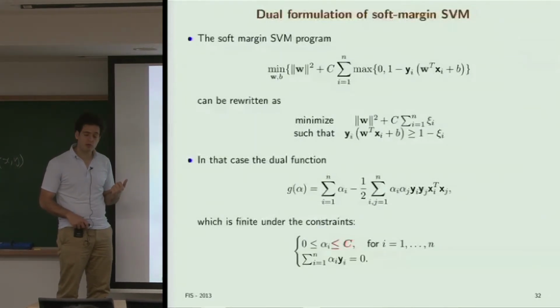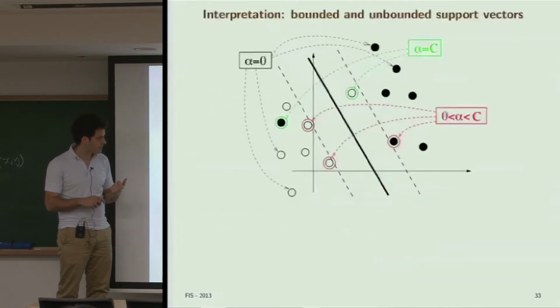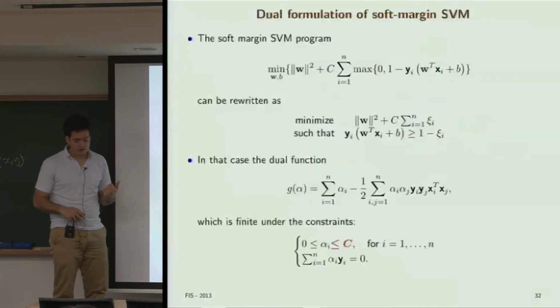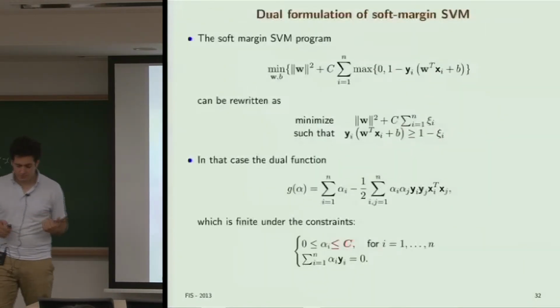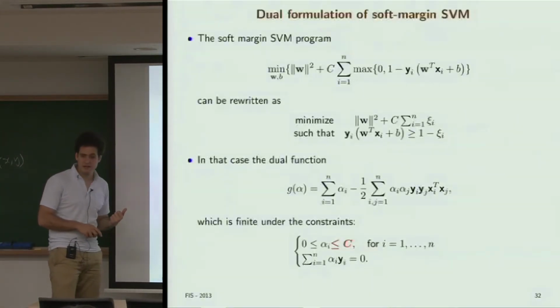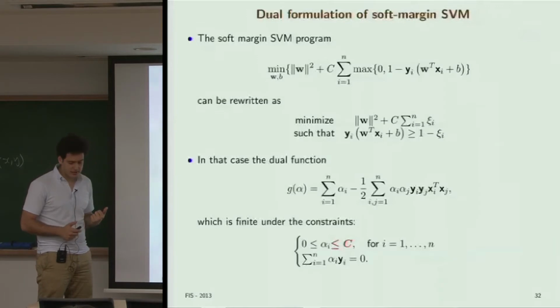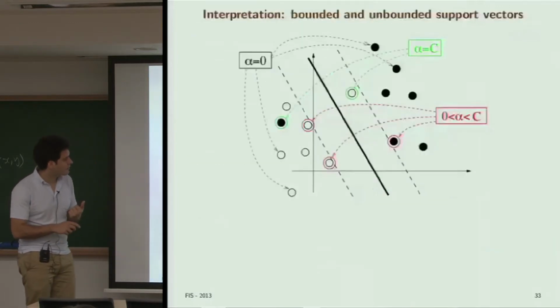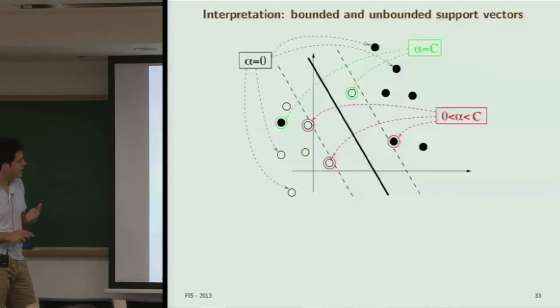Either alpha i is equal to 0, and in that case, the margin is strictly positive. That is, those guys here are on the right side of the tube. It's not only positive, it's bigger than 1. Or alpha i is between 0 and C, and in that case we have points which lie on the tube, like this.